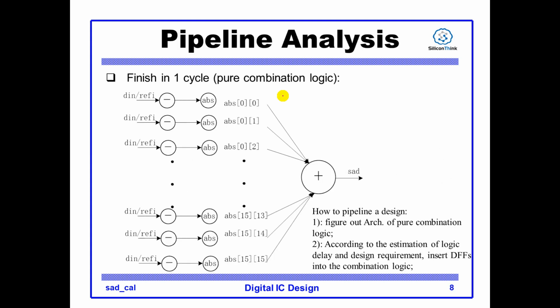After the analysis of the calculation flow, you can get the idea of the hardware architecture for this function: subtract, abs, then accumulate. You can do it in a single cycle, that is, you can use pure combinational logic to implement this function. But how about the logic delay for this implementation?